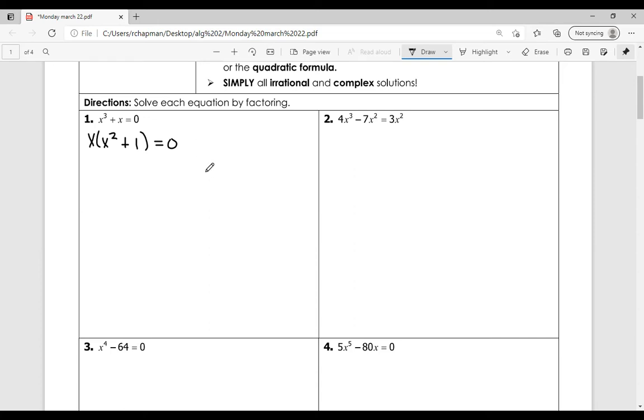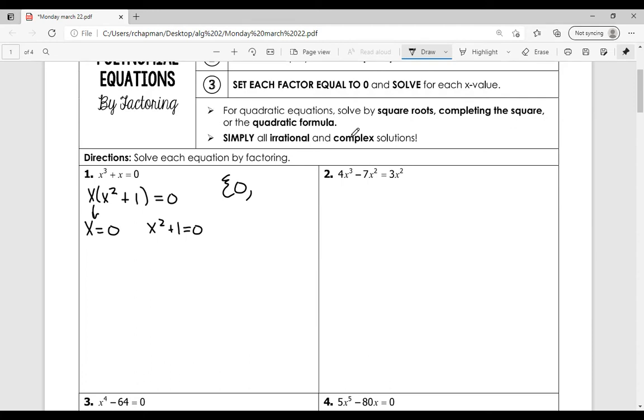Now, I cannot factor x squared plus 1. If that were x squared minus 1, I could factor it, okay? So once I get to this point, I'm going to set the factors equal to 0. x is a factor, and then x squared plus 1 equals 0. So 0 is one of my answers.